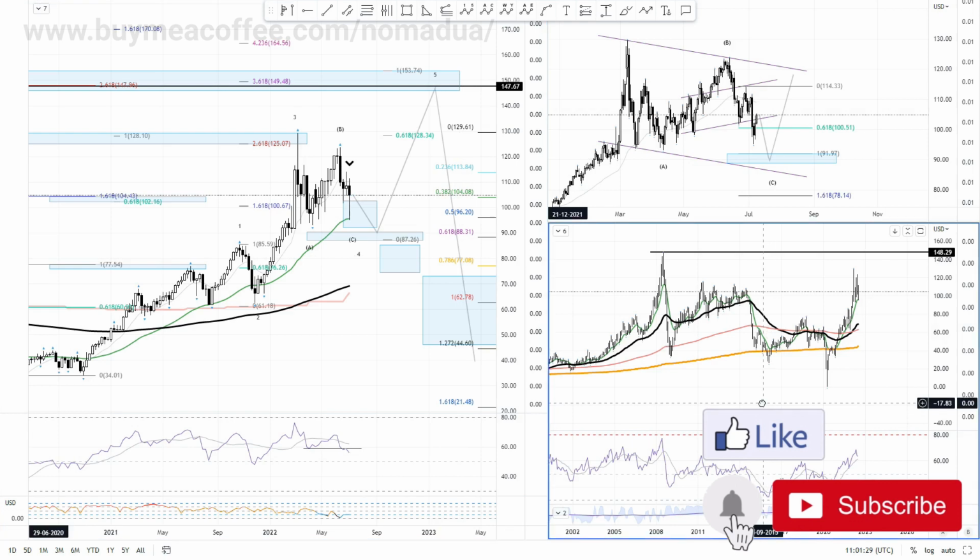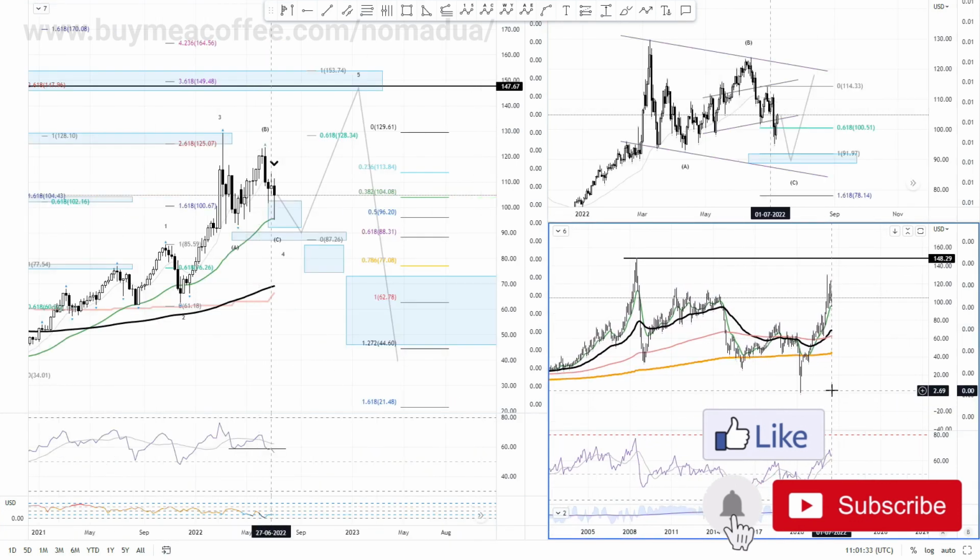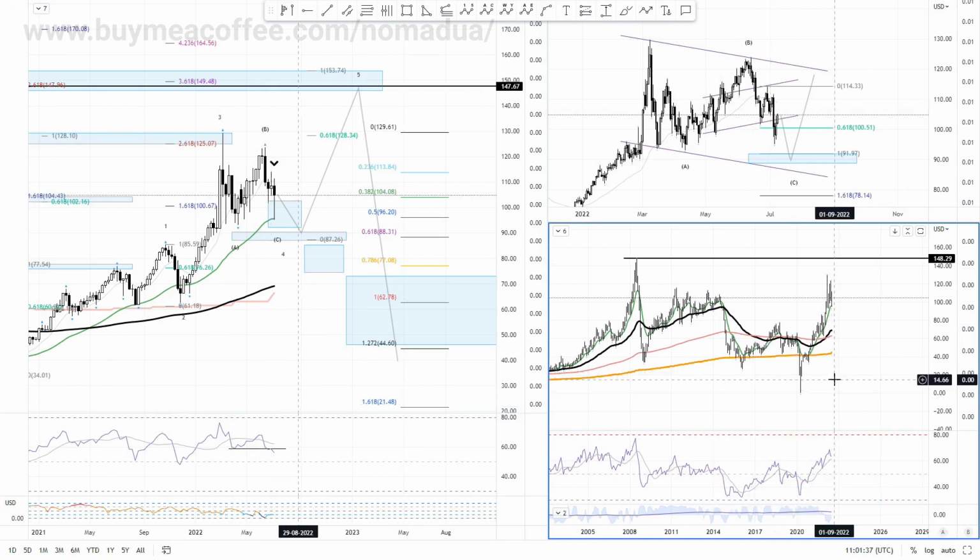Now let's look at the monthly chart of the US oil. Oil trend in monthly chart is pretty strong.